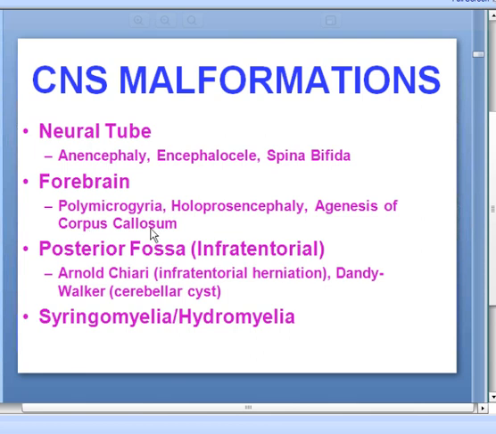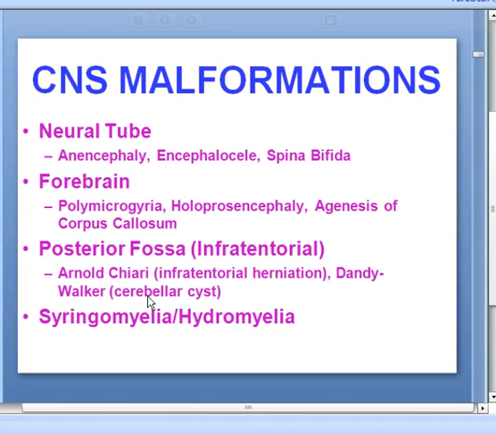A variety of infratentorial lesions, like the Arnold-Chiari malformation, in which you have a severe infratentorial herniation. Remember, we talked about tentorial herniation with edema. Well, there is a malformation type in which you have a large one. And also you can have what they call a Dandy-Walker, which is a large dilatation of the cerebellum.